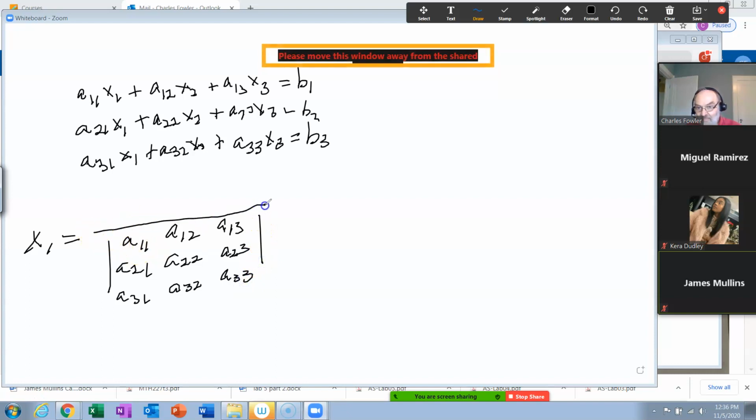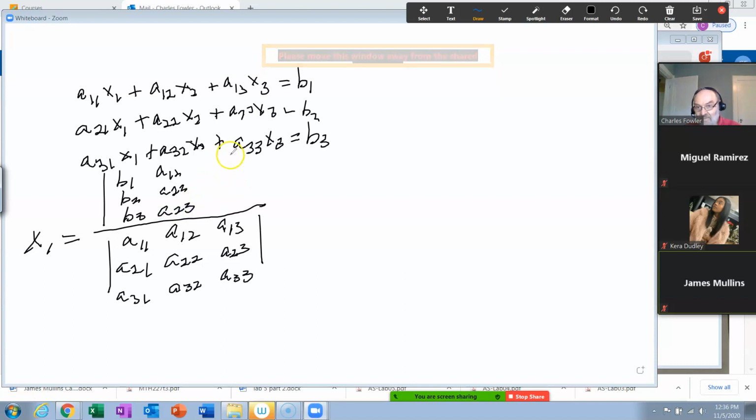Okay. Now, your numerator here will be B1, B2, B3, A12, A22, A32. Nope, I said them backwards. 3, 2, right. Okay, hope that was someone catching my error. This is A13, A23, A33.